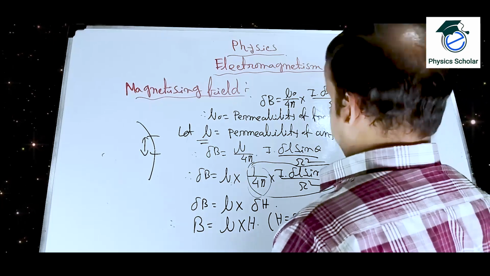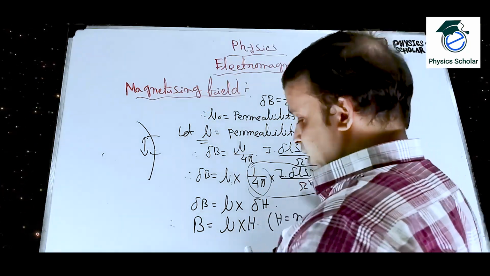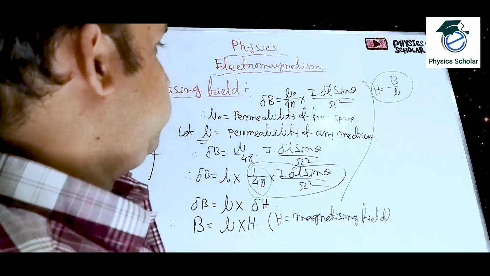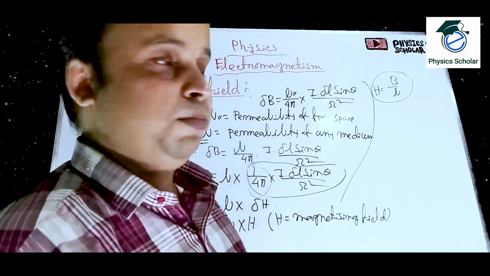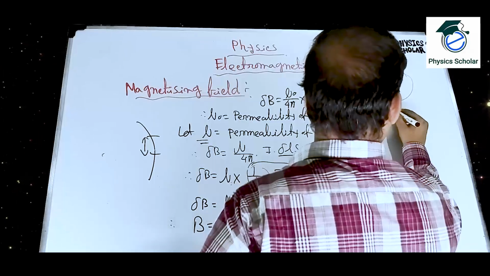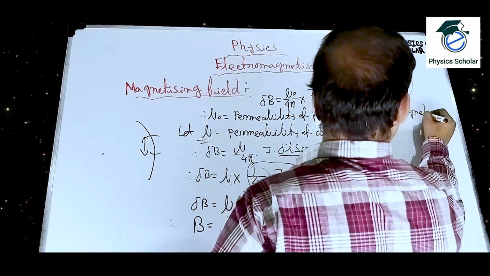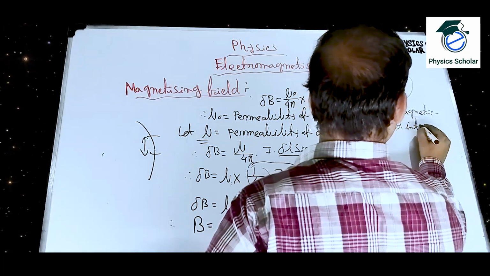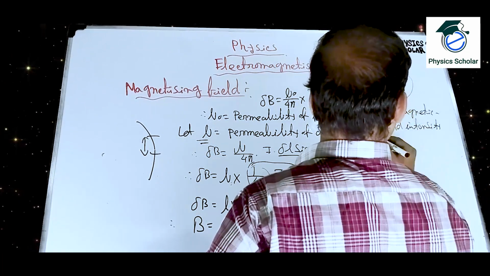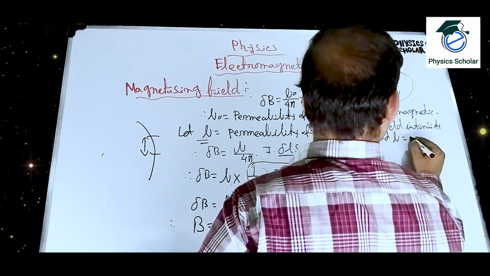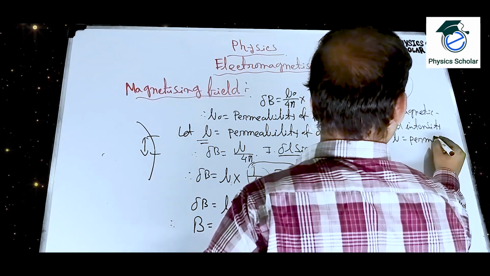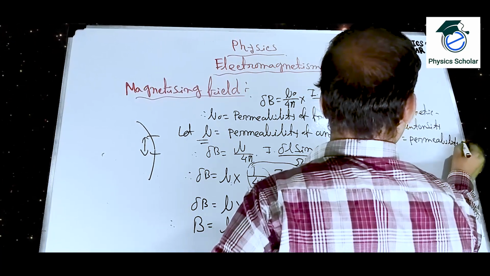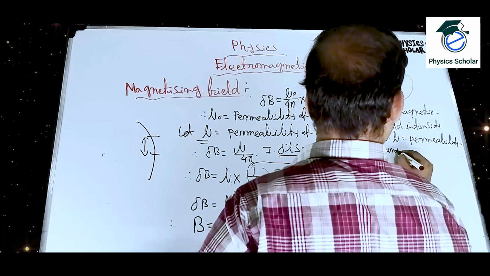Clear? H is equal to B by mu. So B is the magnetic field intensity and mu is the permeability of any medium.